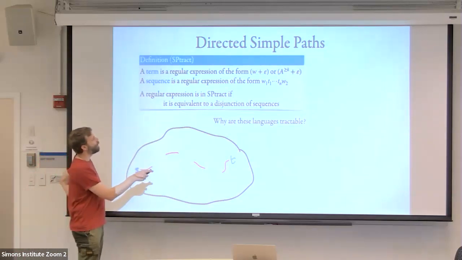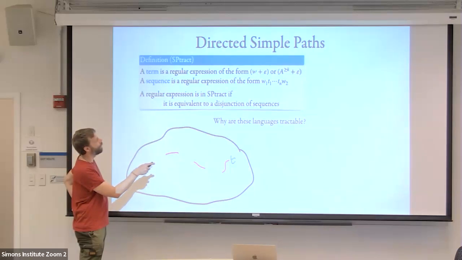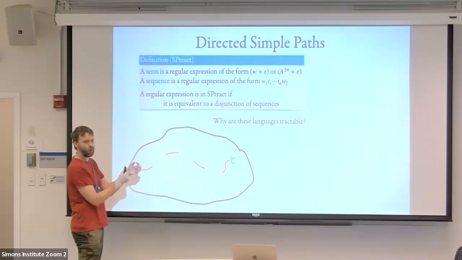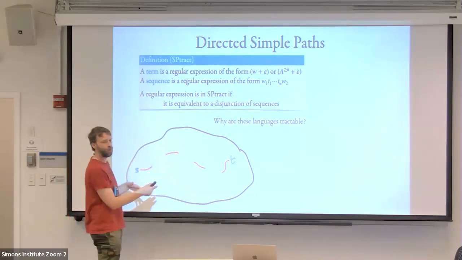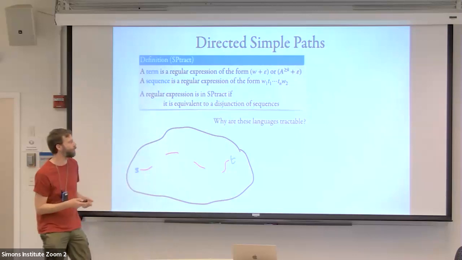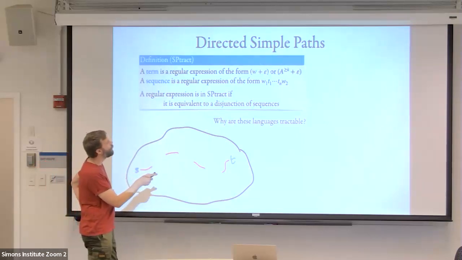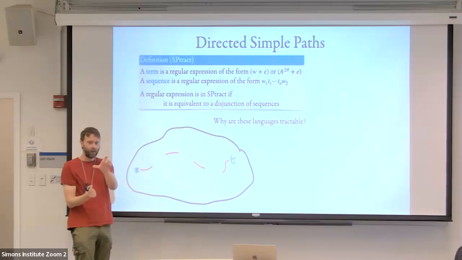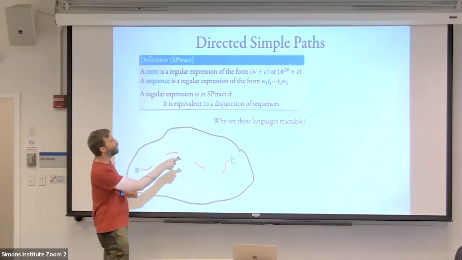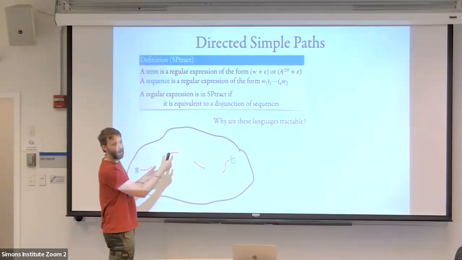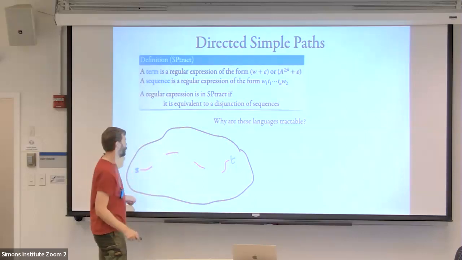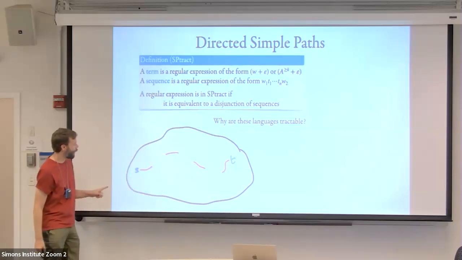If you have an expression that's essentially a concatenation of things like this, it means that your path needs to start with some fixed word. You can brute force this, and you also need to end with a fixed word. You can also brute force this. And then you have these parts in the middle where you either need to read a fixed word, or you need to find a path of length at least K with some fixed label constraint.